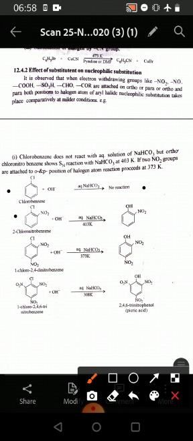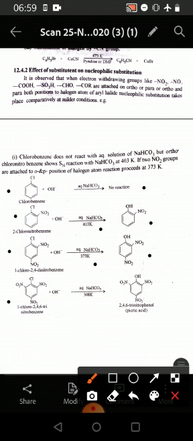But if the same reaction is carried out with 2-chloronitrobenzene, then the reaction occurs at 403 Kelvin to give ortho-nitrophenol. If the nitro groups are increased, that is, we use 1-chloro-2,4-dinitrobenzene, then the reaction occurs even at a lower temperature, 373 Kelvin, and we get 2,4-dinitrophenol.